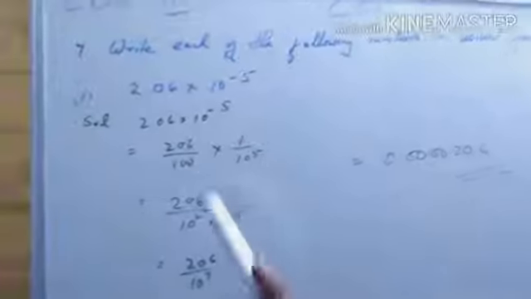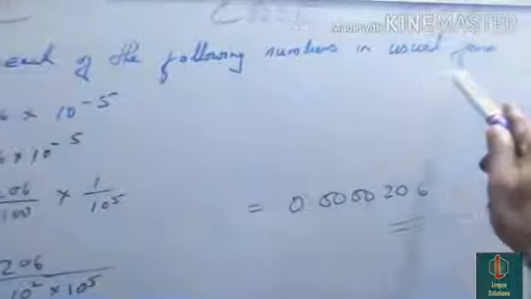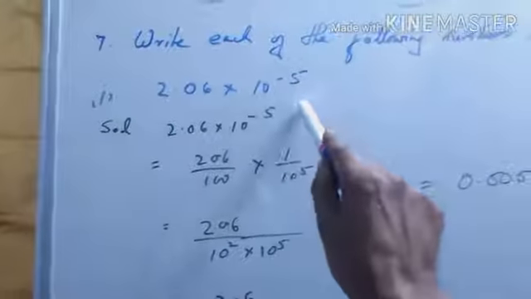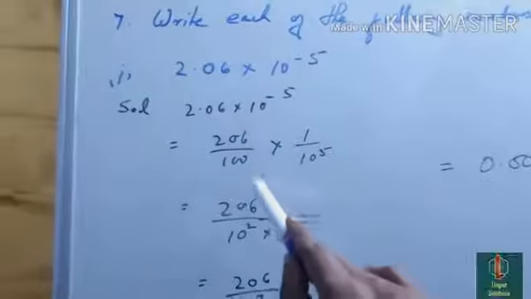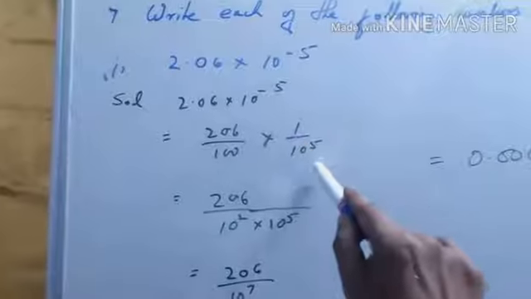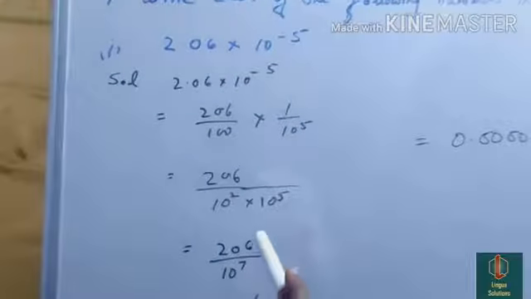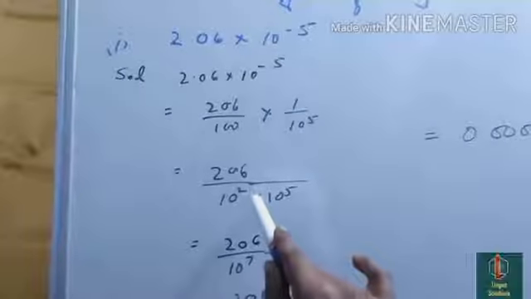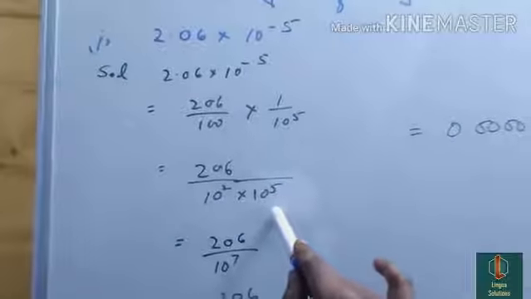Our next question is, write each of the following numbers in usual form. First one is 2.06 into 10 to the power minus 5. So we can write it as 206 by 100 into 1 by 10 to the power 5. That will be 206 by 10 to the power 2 into 10 to the power 5.